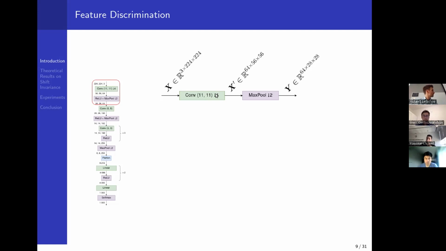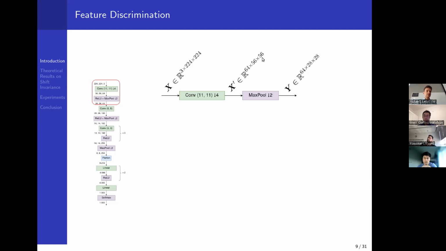So in this example, hidden feature maps, denoted as X prime, are composed of 64 channels, the size of which is divided by 4 compared to the input images. Input images have the size, in this example, 224 pixels, and the hidden feature maps are of size 56 pixels.